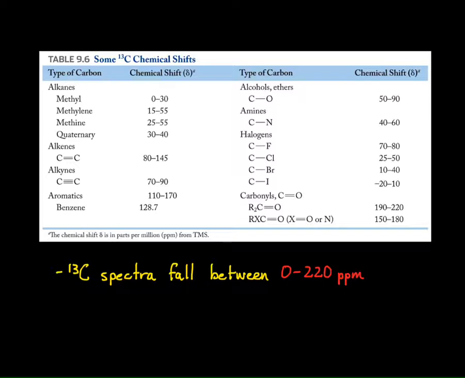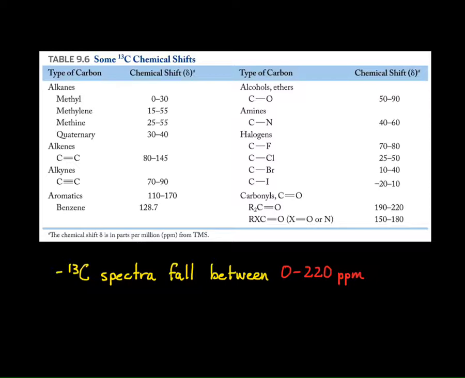Likewise, amines, carbon attached to a nitrogen, not quite as much of a chemical shift because the nitrogen is less electronegative. And you can really see that with the halogens, right? Fluorine is highly electronegative. It's going to withdraw electron density from a carbon the most, and therefore the chemical shift is going to be shifted downfield to between 70 and 80.